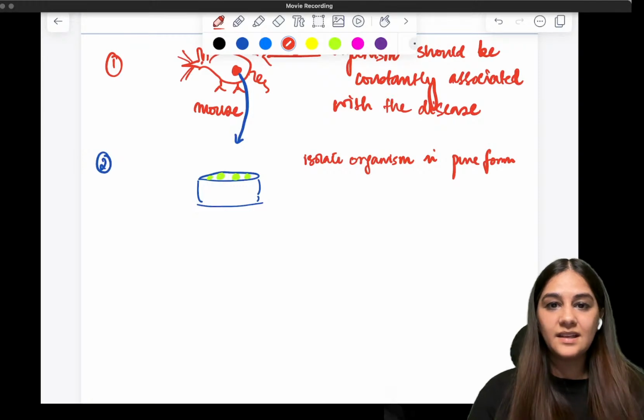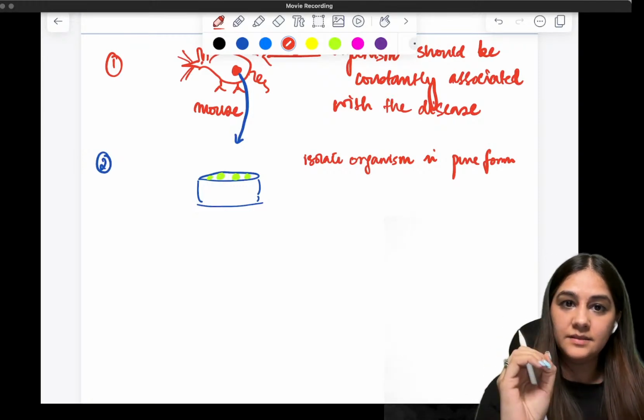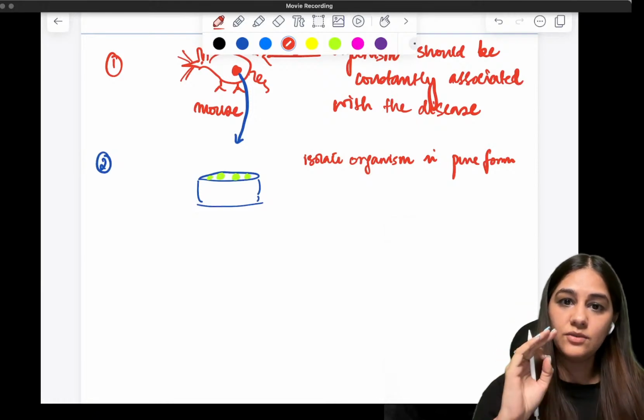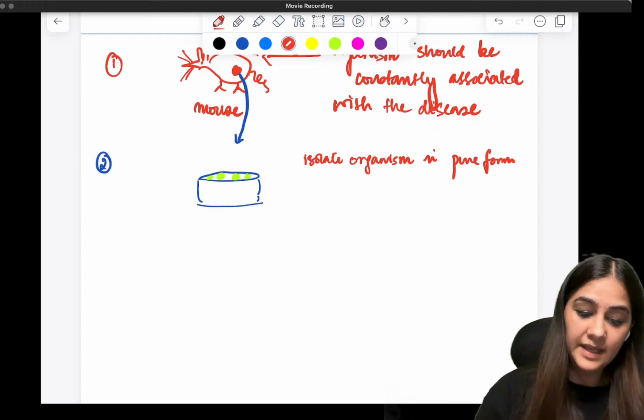So that was the second postulate that he gave us: taking the sample from the mouse and growing it on a culture plate, I'm able to isolate the organism in pure form, right?